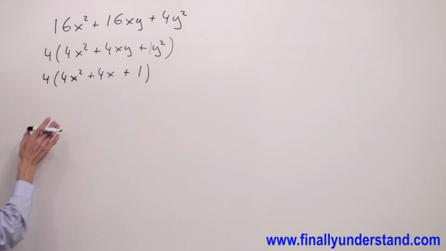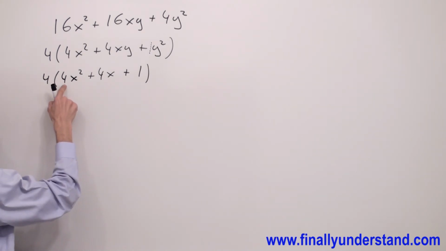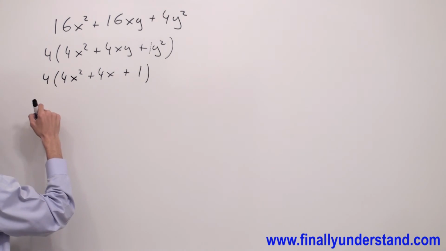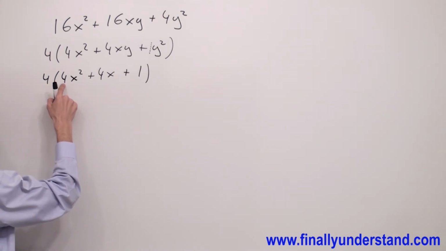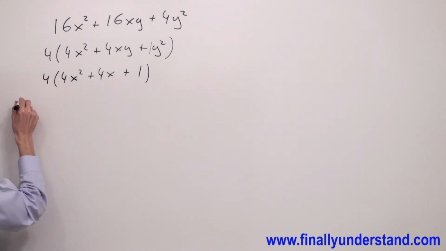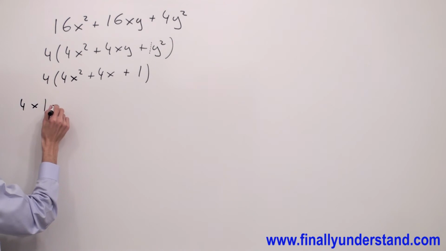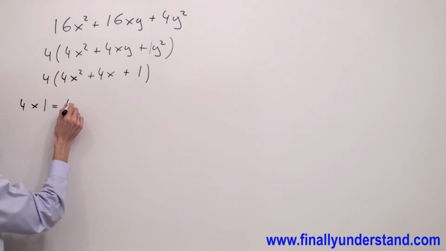I'm going to concentrate right now on the quadratic trinomial. My leading coefficient is different than 1. That's what I'm going to do. I'm going to multiply this leading coefficient by the last term, and I have 4 times 1 is equal to 4.